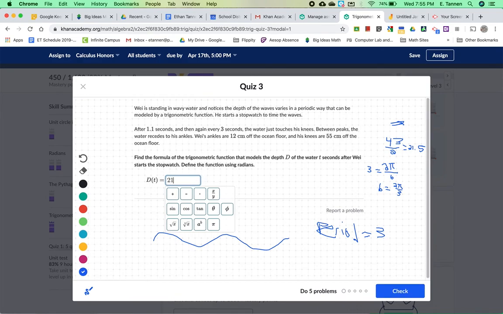So that means the amplitude is in this spot, right? After 1.1 seconds, the thing I'm trying to figure out is if after 1.1 seconds it hits the max, does that mean it's starting at the midpoint?